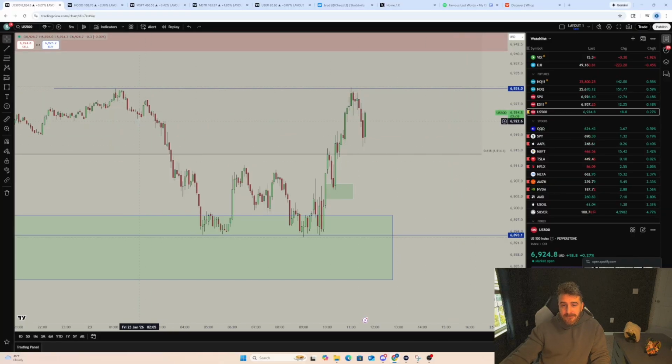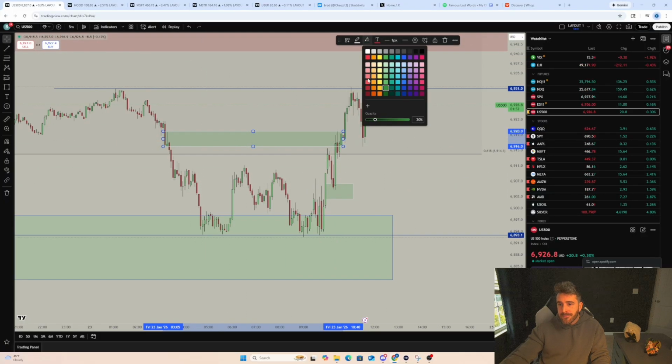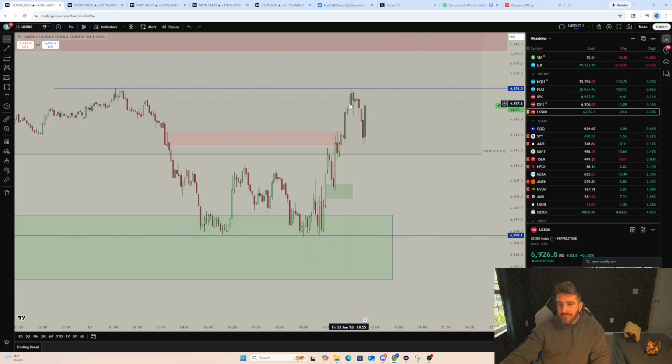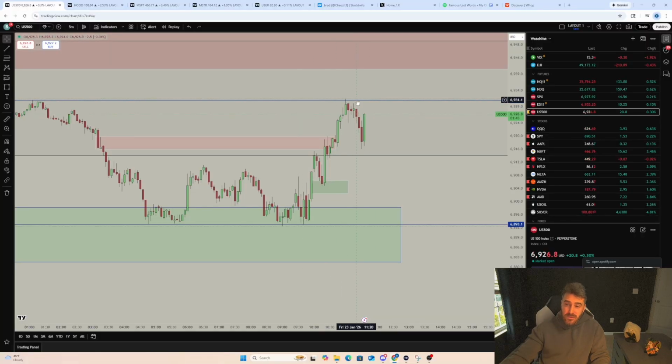Now there's, let's see here. Right here is a supply zone on the 5-minute, just so you know. Right here, kind of chopped. Did not get rejected. No low was created. So this supply right here gets taken out. Now, what would help me stay in this trade after we sweep this high?